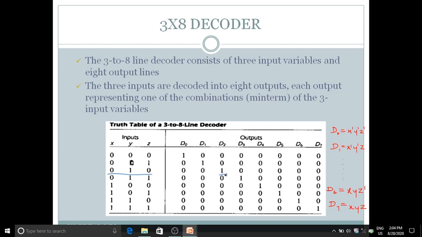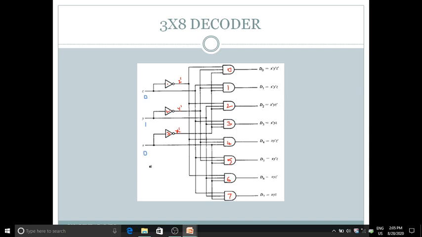And see, while explaining the working of this 3/8 decoder, this is what happens when we apply the code 0 1 0 at the input. Once we apply 0 1 0 here, 0 is applied at the X input, and the output of this NOT gate 3 will be 1. And on this line, this is the X line, it will be 0.